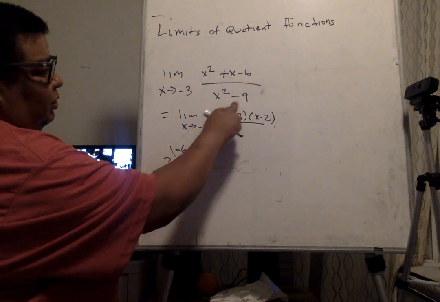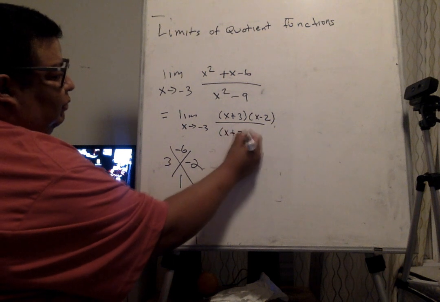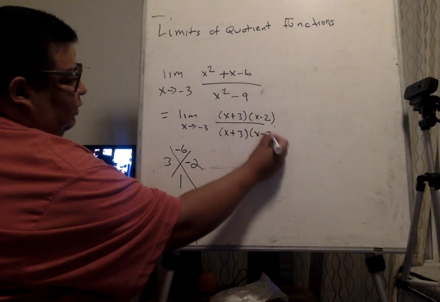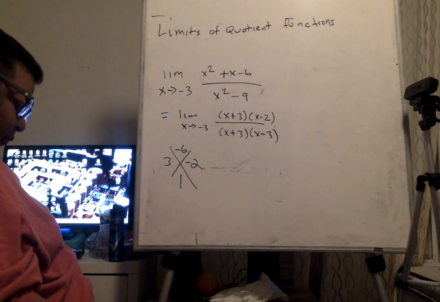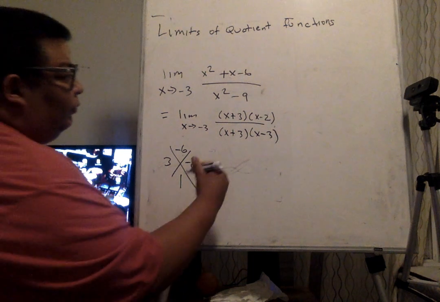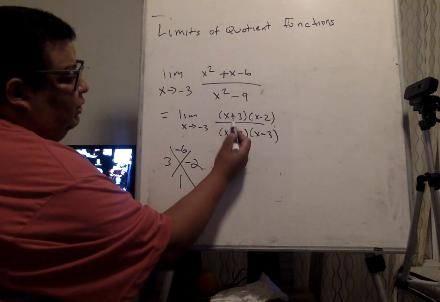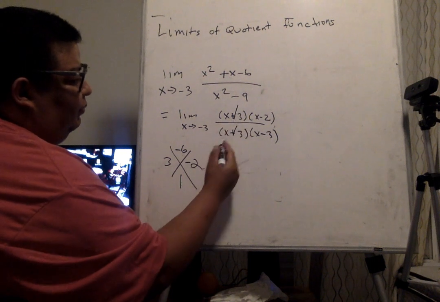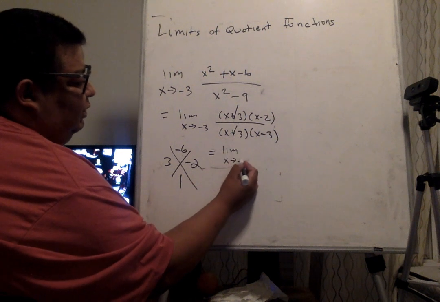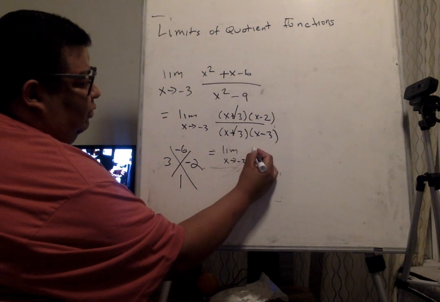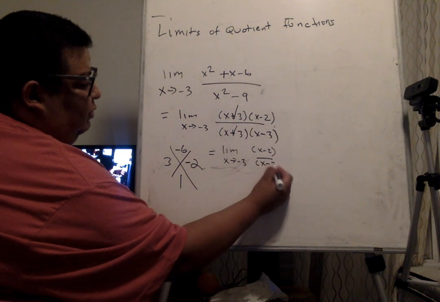Okay, notice the bottom is similar. So we're gonna do x plus 3, x minus 3. Notice this quantity and this quantity are the same, so we just cancel them. Now we're left with limit as x approaches negative 3 of x minus 2 over x minus 3.